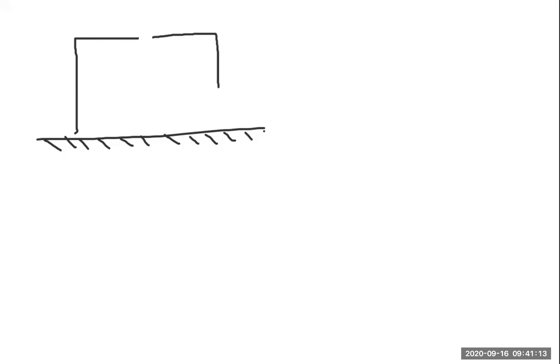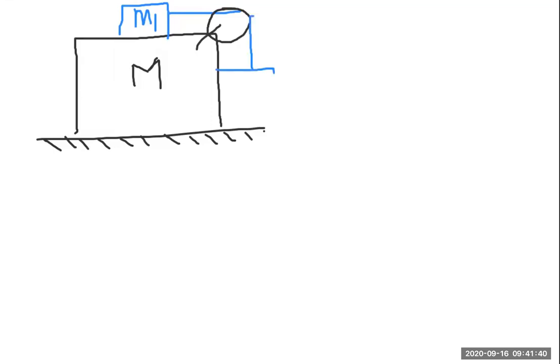Example number one is that we have a block of mass m like this, and on this block we have another block of mass, let's say m1, and this is connected via a pulley to another block of mass m2, let's say, and there is a force F which is pushing the whole system like this, right?